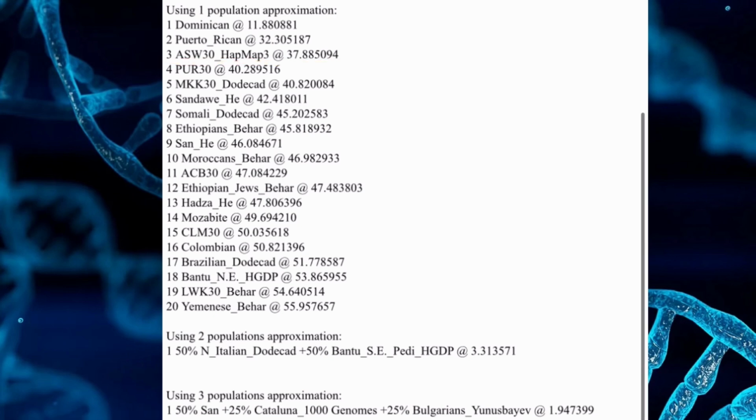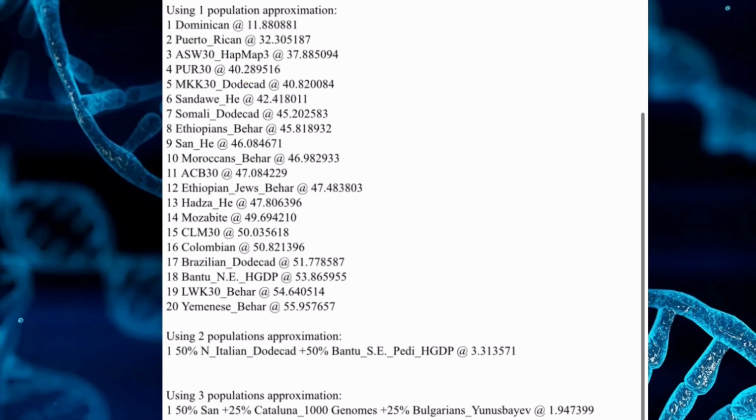But then underneath that, instead of MKK30 like on Oracle 1, we have PUR30, which is another Puerto Rico match. So on this one, we have Dominican, two Puerto Ricos, and ASW30 for the top four single population approximations. Now, I don't know why that varies between Oracle 1 and Oracle 4, the single population one. But as you see, it lines up pretty much the same.